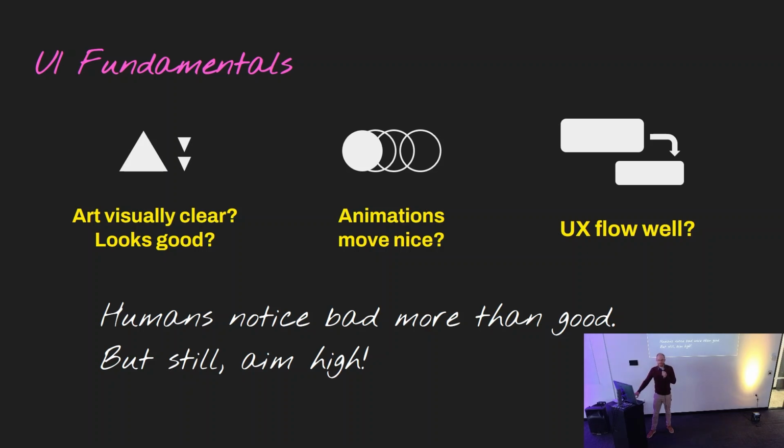Human beings do notice bad more than good. So if there's going to be an itch, that's going to come up in their mind more than if something is exceptional. But still, you should probably aim high, because it's much easier to bring down a very visually interesting UI than it is to punch up one that's just a bunch of squares.